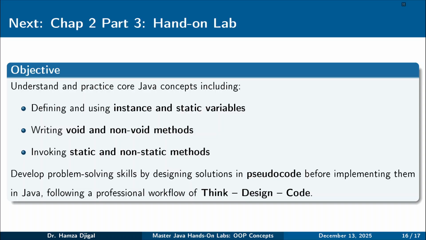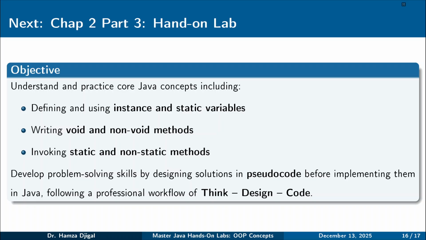Okay, so in the next video we will try to explain exactly what an instance variable and a static variable are. I mean, we'll do a practical exercise to understand this quickly. It's a kind of takeaway. Also, we will write void and non-void methods, and then see how we can use static and non-static methods in the way we think and design code.